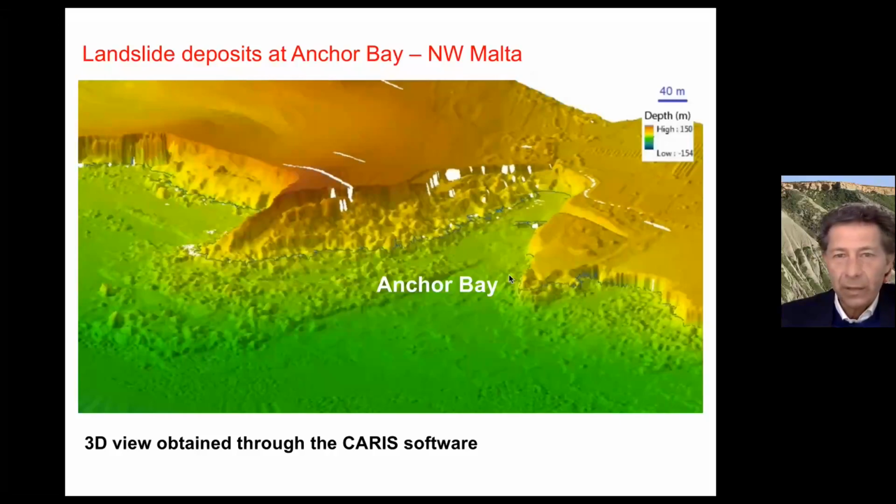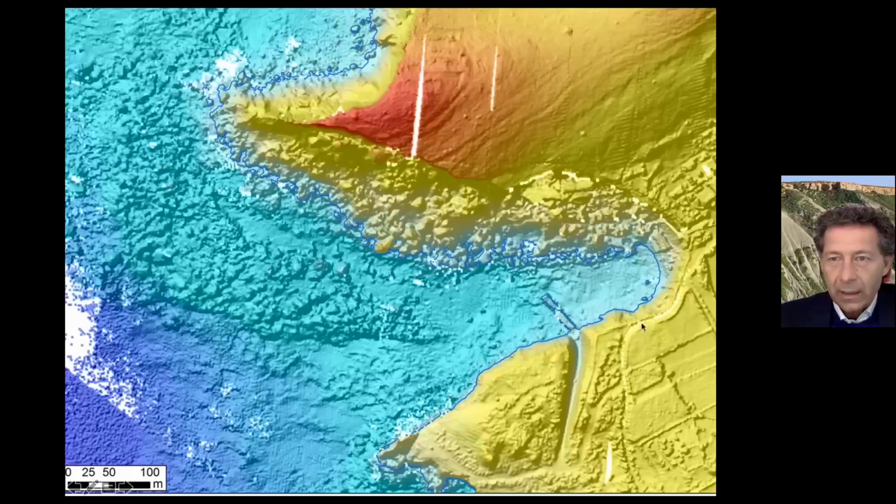So this is another 3D view of Angkor Bay, with the amusement park located here. And again, in this image of Angkor Bay, you see the coastline in blue here. Yeah, the rugged topography clearly indicates where these blocks occur.